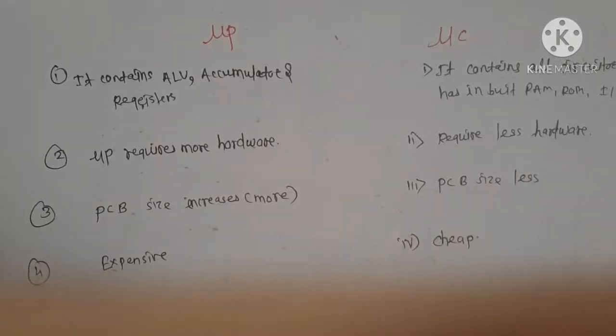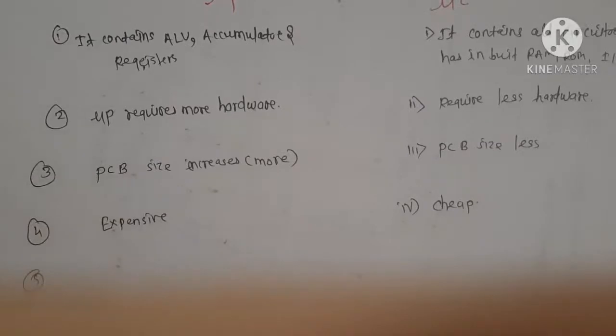The next point is pins. The microprocessor has fewer multifunction pins, means whatever pins are present in the microprocessor perform only a specific function.